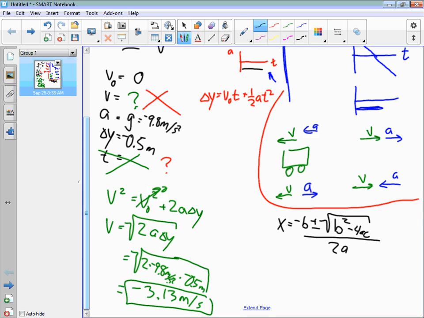Yes, so now we get to sing it with Pop Goes the Weasel. X equals negative b plus or minus square root b squared minus 4ac all over 2a. You guys never heard that before? I don't know what that insult means.